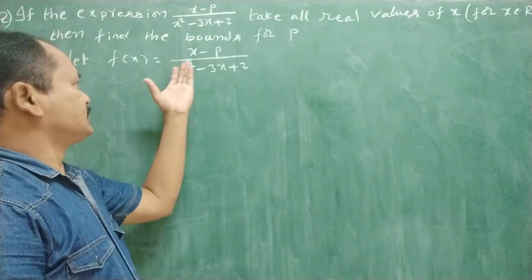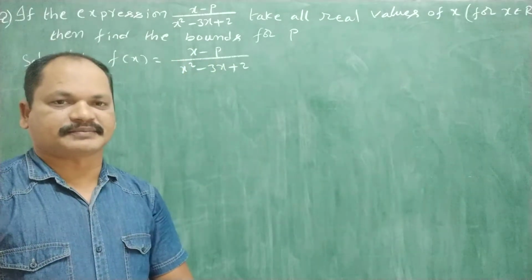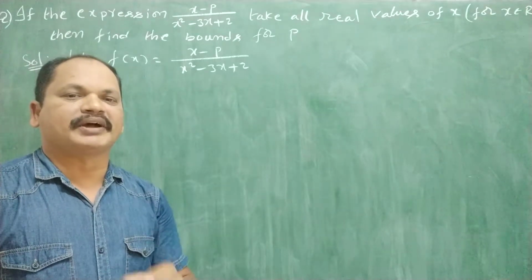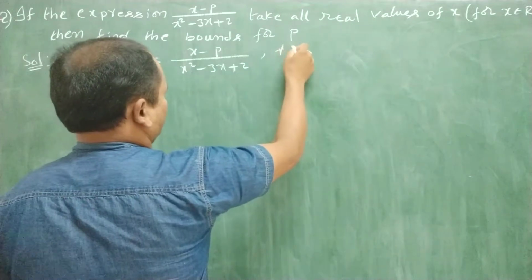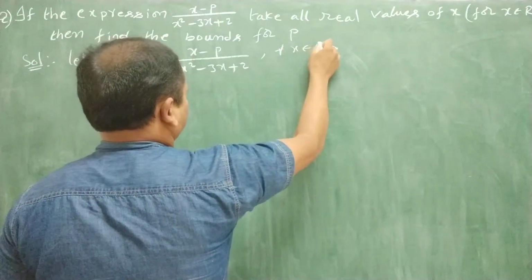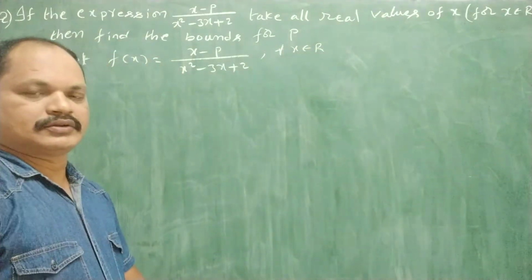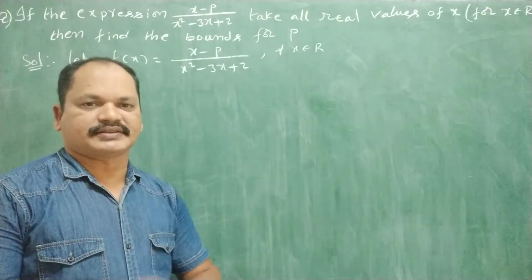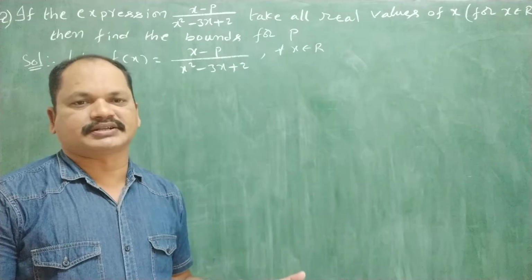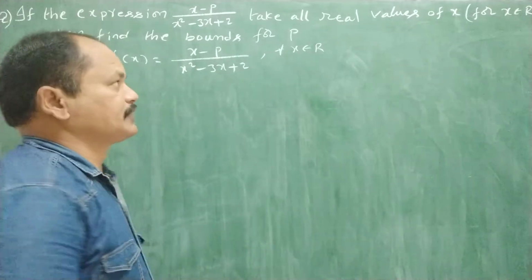Its domain is R, for all x belongs to R, where x is a real number. That's why its domain is R. Now we have to take the range.